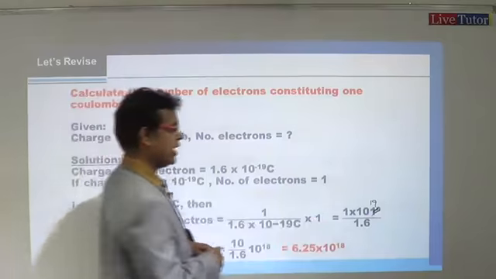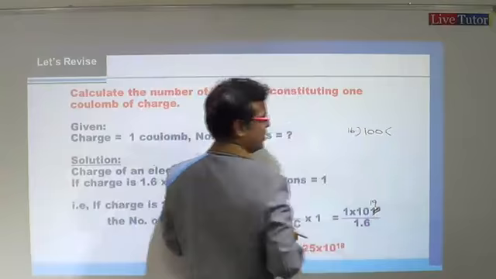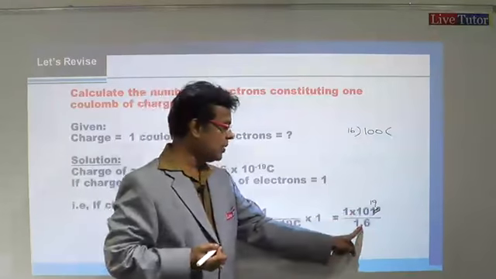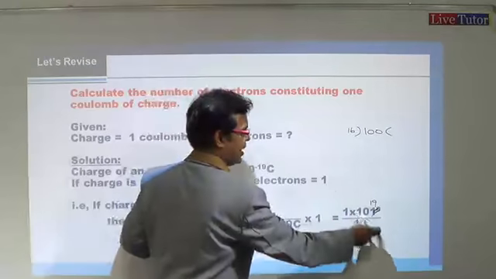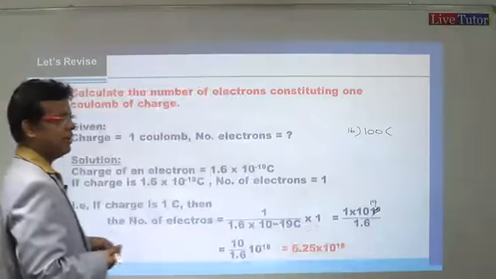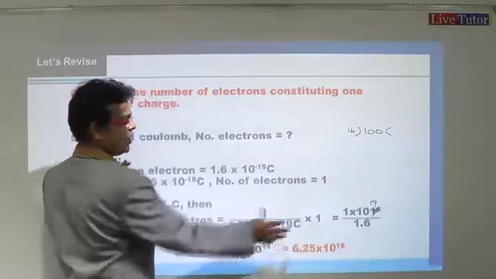Or even you can write like this, 100 divided by 16, taking 2 zeros so that this will become 16, by multiplying 10 by 10. Anyway we can calculate, but this will make it easier for you.